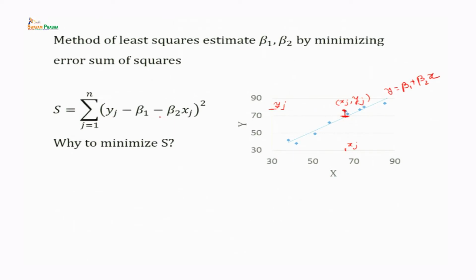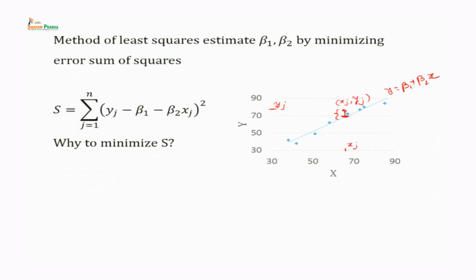So, y j minus beta 1 minus beta 2 x j is this distance, the distance between the point x j y j and this regression line parallel to the y axis.